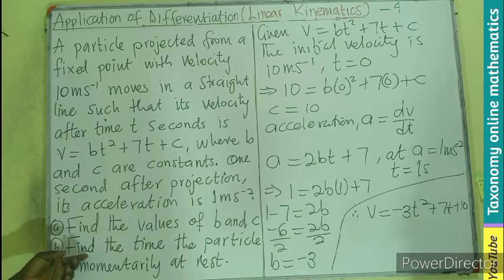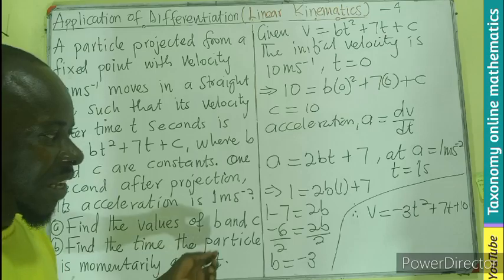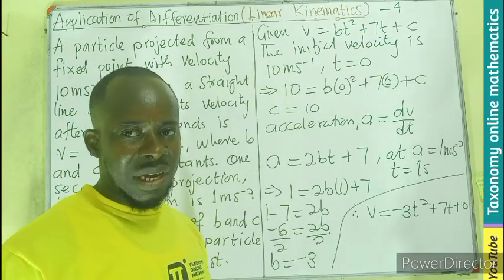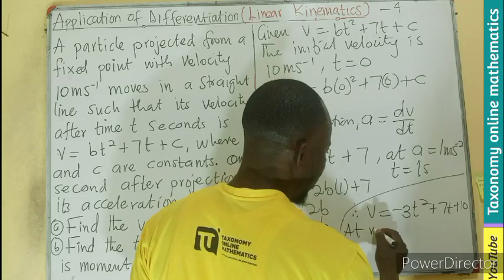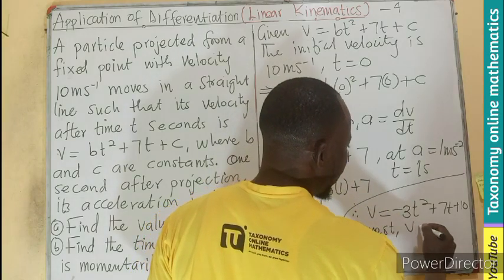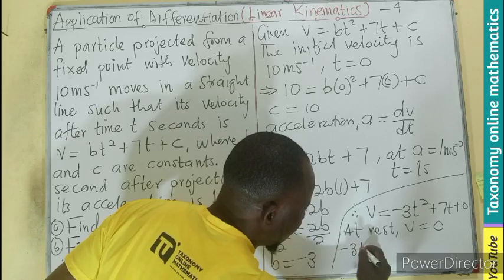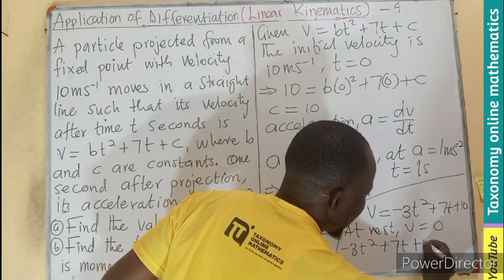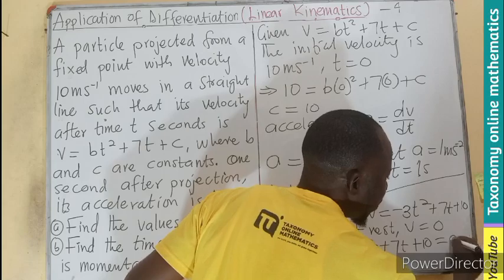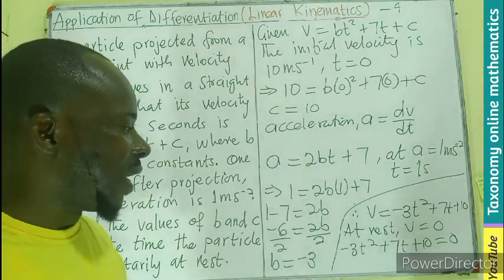Here we have to find the time when the particle is momentarily at rest. When the body is at rest, the velocity is going to be 0. So at rest, v equals 0, meaning minus 3t squared plus 7t plus 10 equals 0. This becomes a quadratic equation.